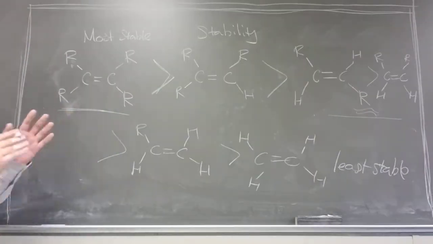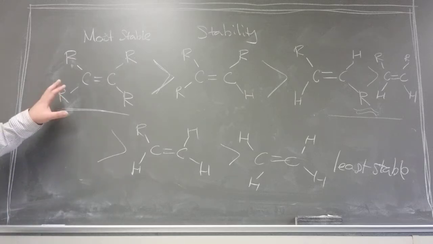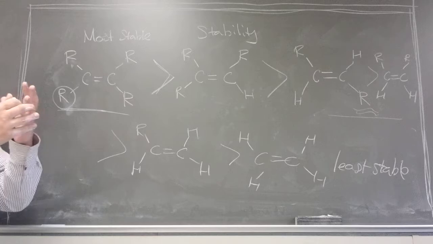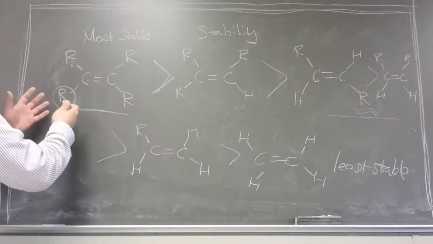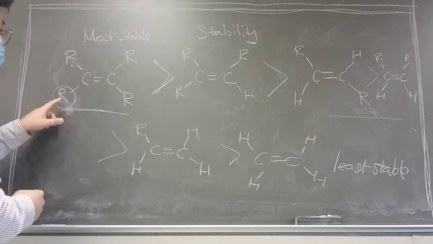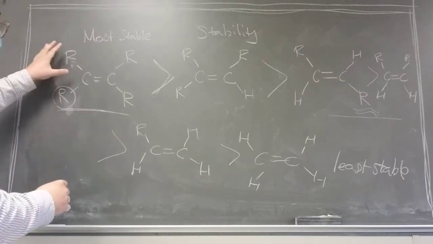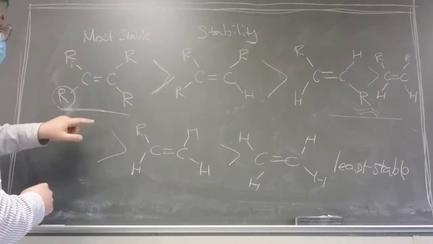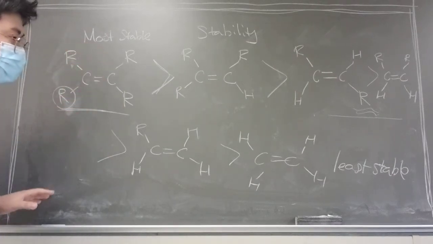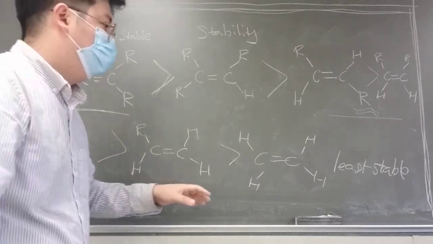This is what I want you to remember. You see this R here, it's just any R group, any carbon chain or any organic group. This is more substituted with R groups, so you will have a very stable form of alkene here.